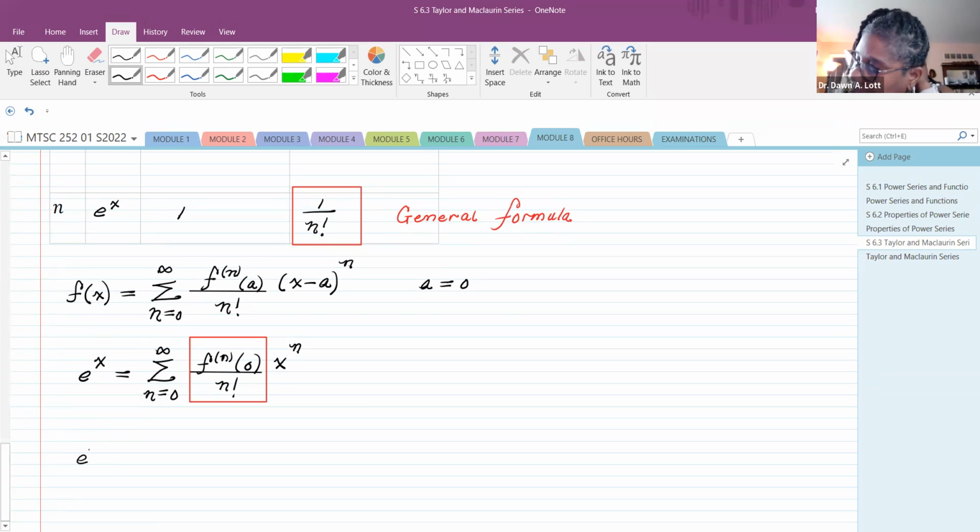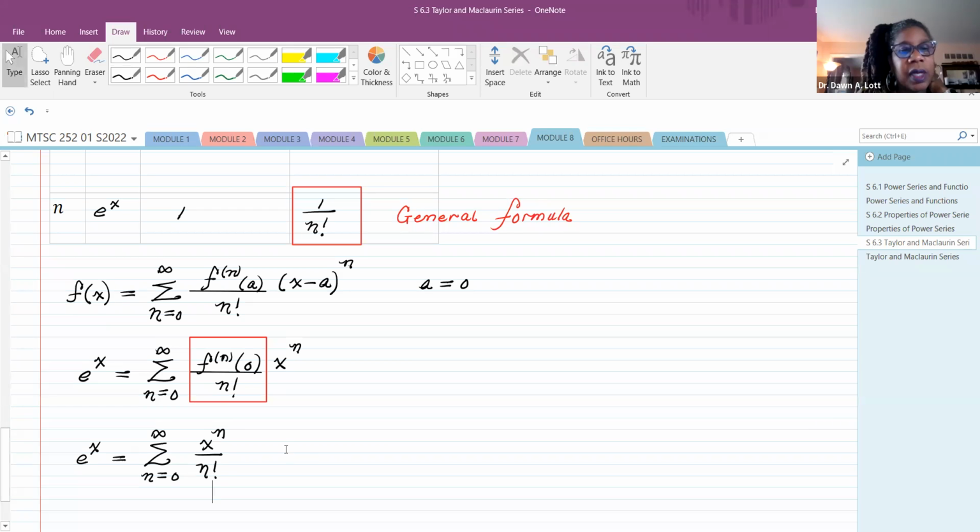And I get e to the x is the sum n equals 0 to infinity of, well, that just looks like 1 over n factorial. So I can just do x to the n over n factorial.